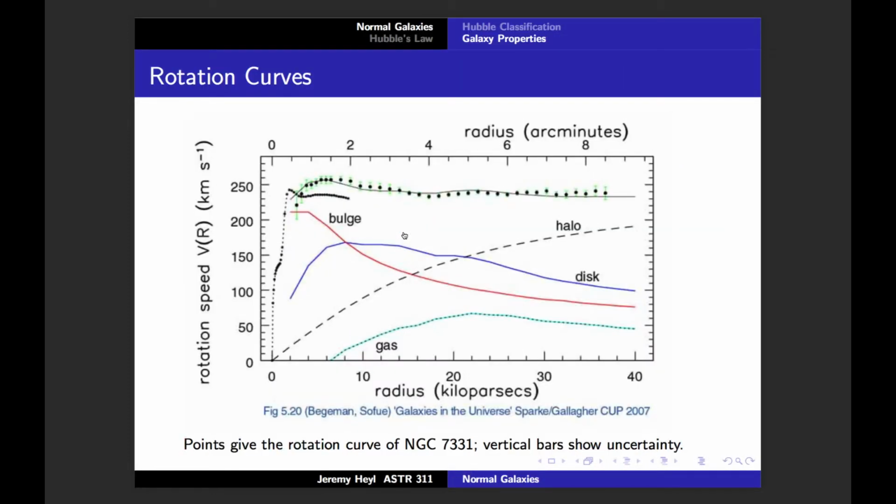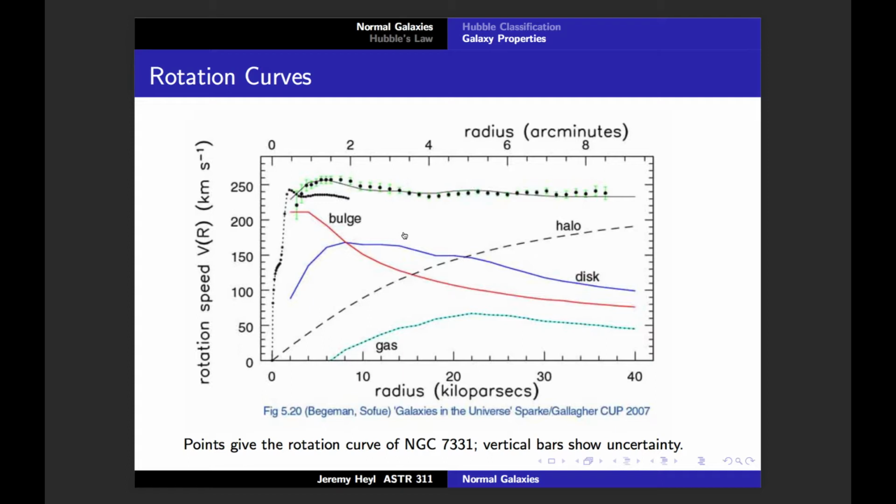So let's look at the spiral galaxies a little bit. This is not our galaxy. This is another galaxy, NGC 7331. And we see the same picture in a spiral galaxy that we see in our own galaxy.